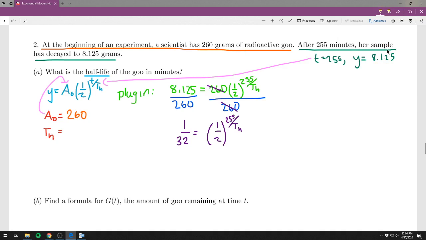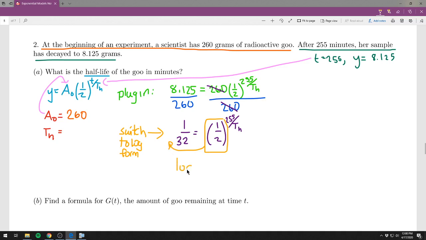Once you are here, you have two ways to do it. One thing you might notice is that 1 over 32 is a power of 1/2, and you can do the one-to-one property thing, or you can switch to exponential form, log form. Switching to log form always works. These might not have similar bases, so I'm just going to do the switch to log form. So we grab our base of 1/2, and we move it to the other side.